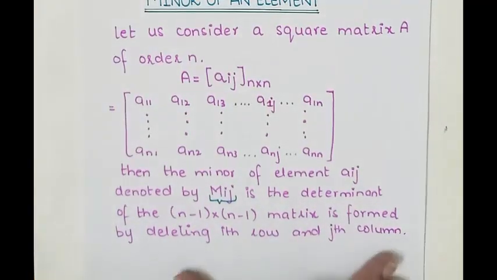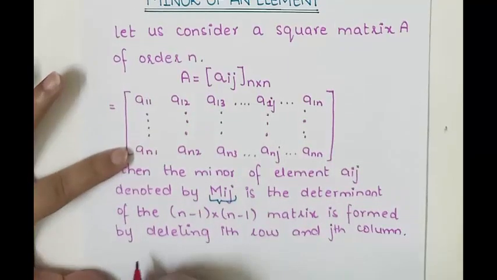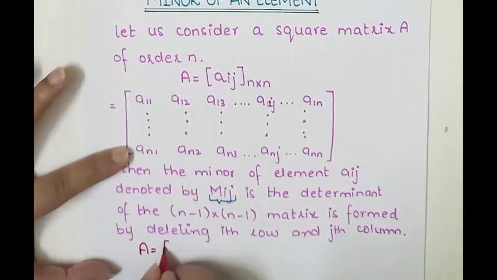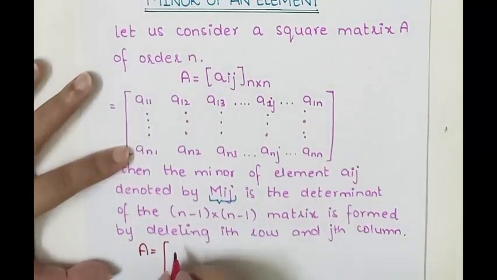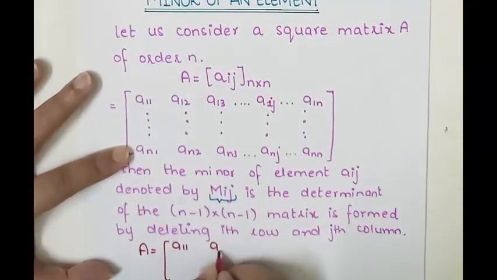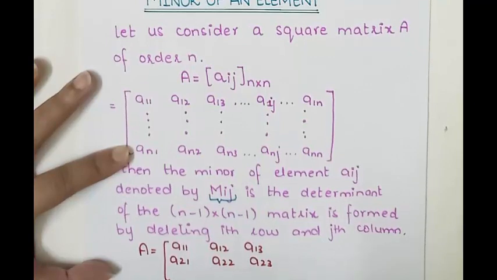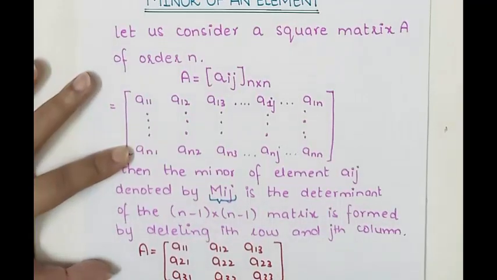So what does it mean? For example, we have a matrix A and we suppose this is a 3 cross 3 matrix: A11, A12, A13, A21, A22, A23, A31, A32, A33.